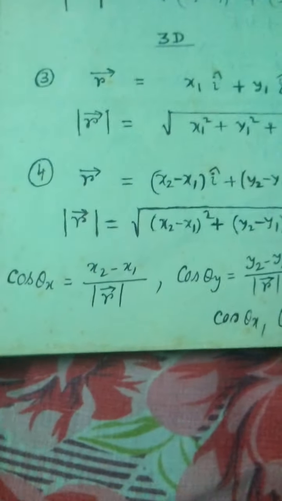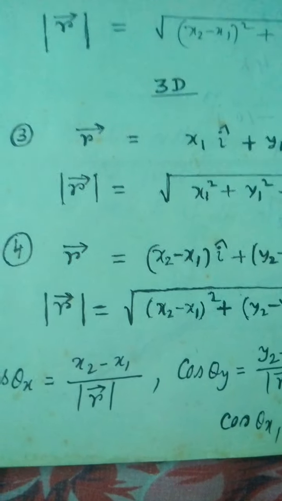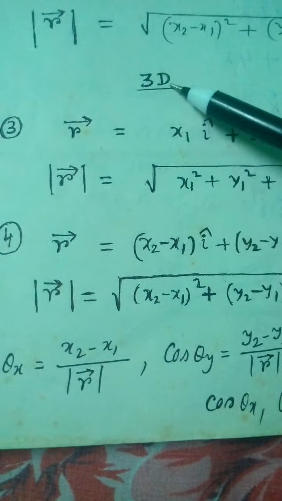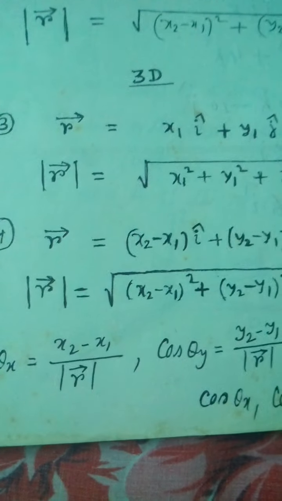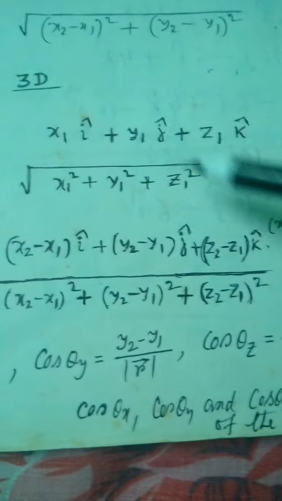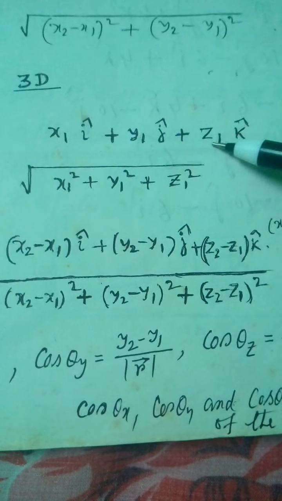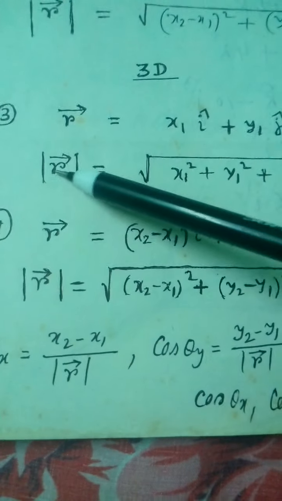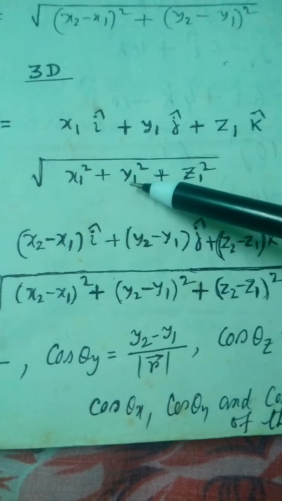Now we can extend the above 2-dimensional case into 3-dimension. 3D means 3 dimension, where z will come into the picture. So r vector is equal to this one, x1 i plus y1 j plus z1 k. So r vector magnitude will be equal to square root of x1 square plus y1 square plus z1 square.